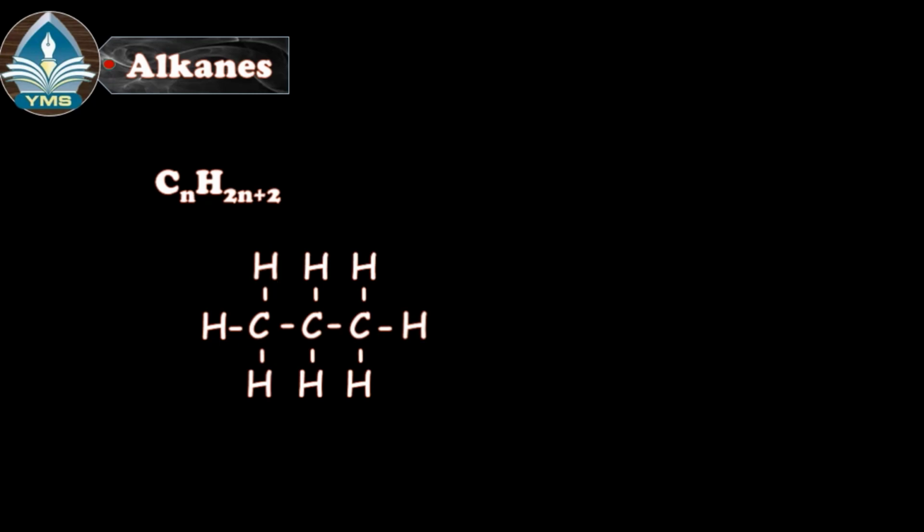So this is how to draw the structure of alkanes. If you have C4H10, this is going to be drawn like 4 carbons, 1, 2, 3, 4. Now these 4 carbons will have 10 hydrogen around them, so these are going to be 1, 2, 3 hydrogen around the first.